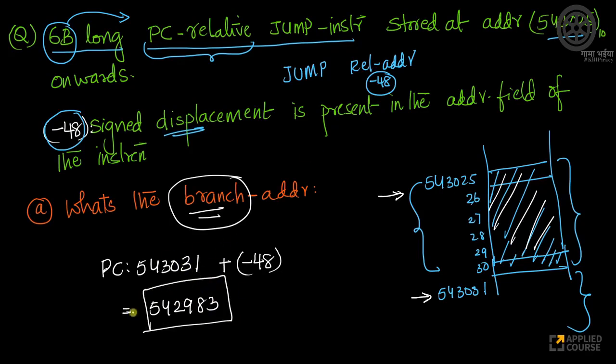This is the branch address after executing this unconditional jump. The important part to remember is that the instruction itself is 6 bytes long, so you need to compute where the program counter points, then add the minus 48 in the displacement field. Very simple question.